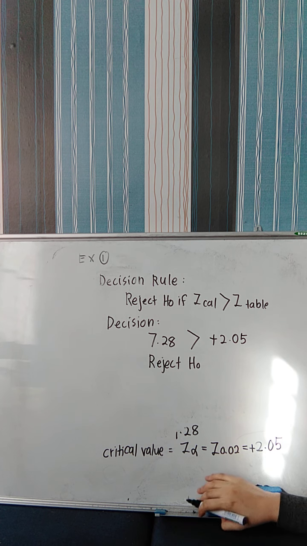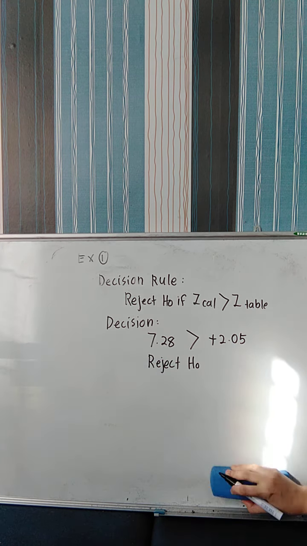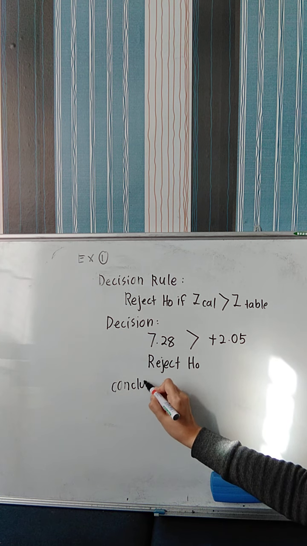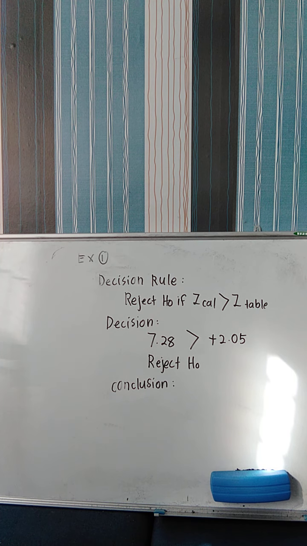After you reject H null, you make a conclusion for this situation. The question asks, would we conclude the typical amount spent per customer is more than RM20?